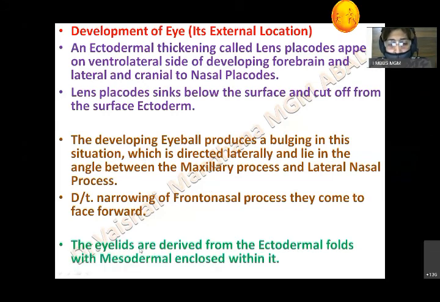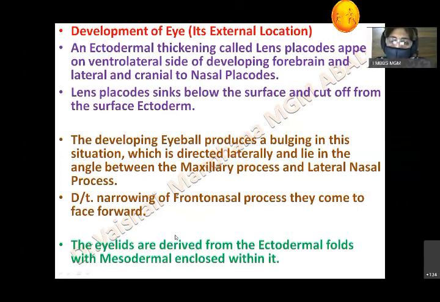The eyelids, how are the eyelids developed? Because of the folds of the ectoderm, and in between this ectoderm, the mesoderm will be enclosed in it. So the ectodermal folds with intervening mesoderm form the eyelids. So this is just the external appearance because we want to complete the development of the face.